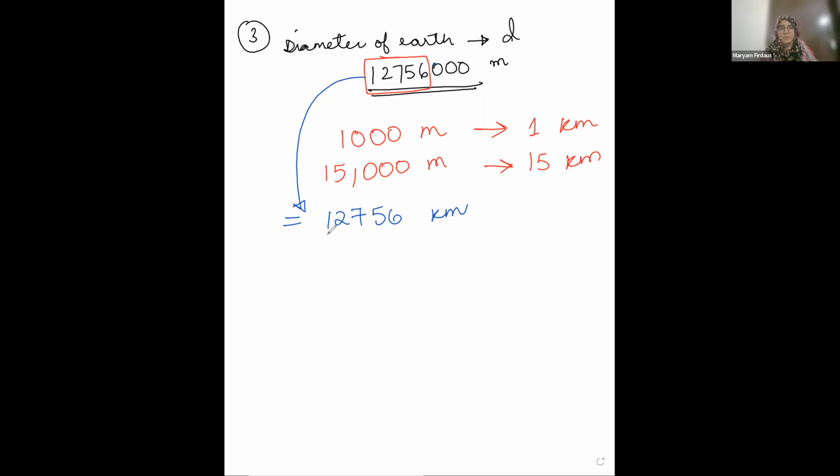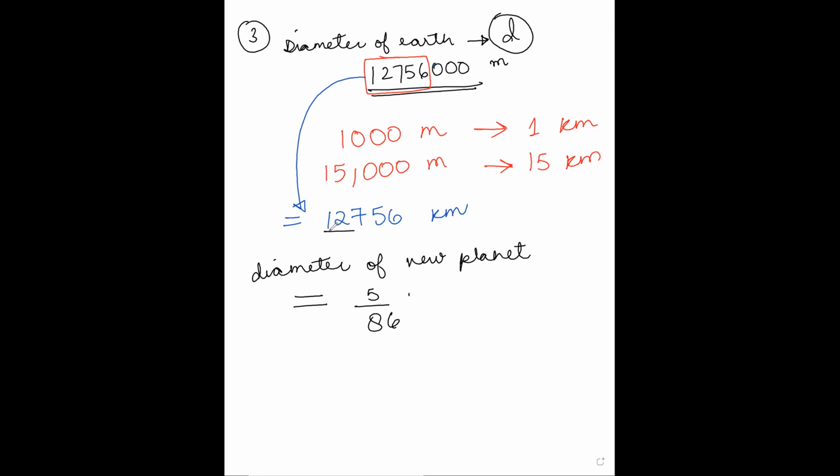So the diameter of the new planet is equal to 5 by 86 times the diameter of Earth, D. And D is how much? 12756.